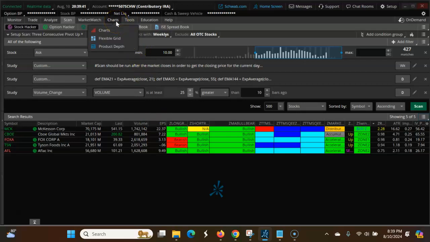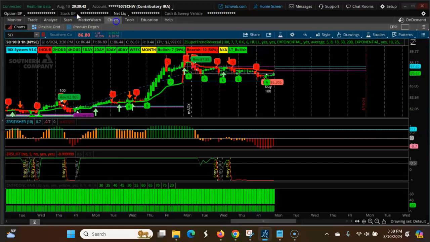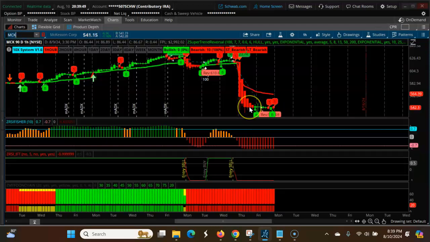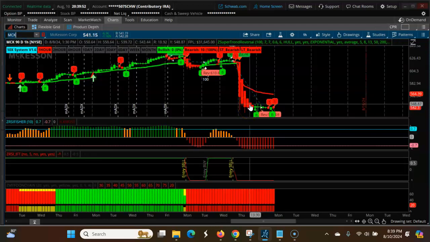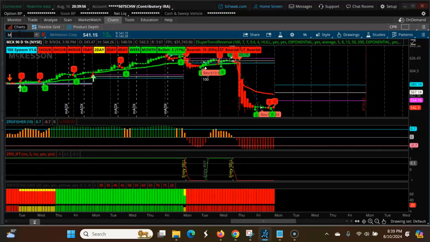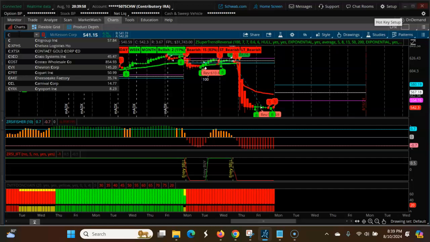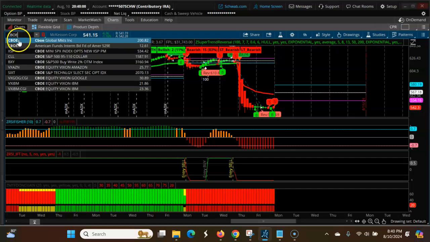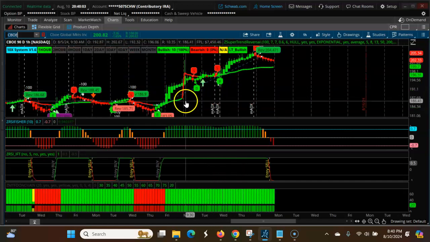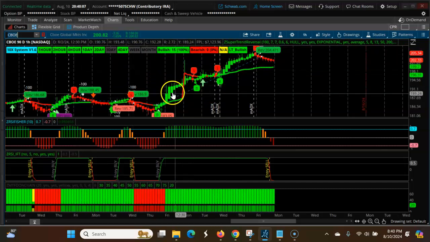Okay, let's look at the chart. MCK, MCK doesn't look good. CBOE. Okay, see, because CBOE is bullish. Okay, see all the time frames are bullish.